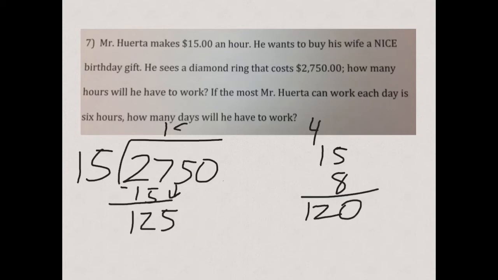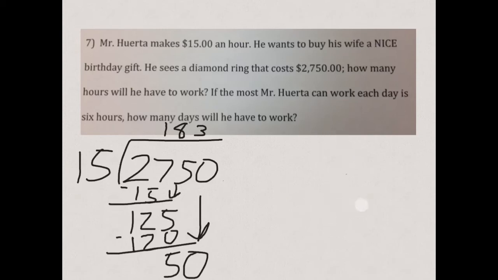Okay, so it's going to be 8 times. Now, I already brought down the 5. Let me bring down this 0. Okay? 15 goes into 50 at least 3 times. So Mr. Huerta is going to have to work 183 hours.